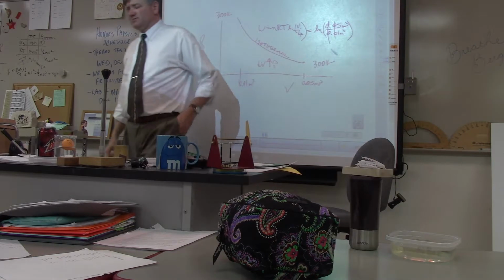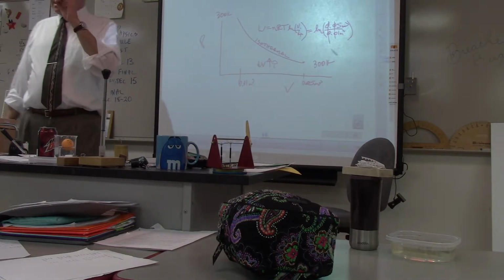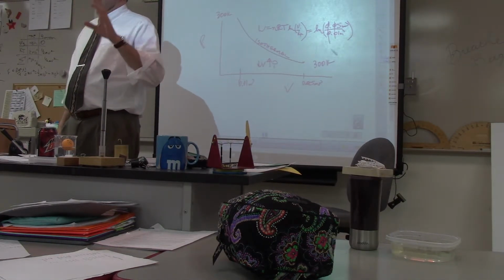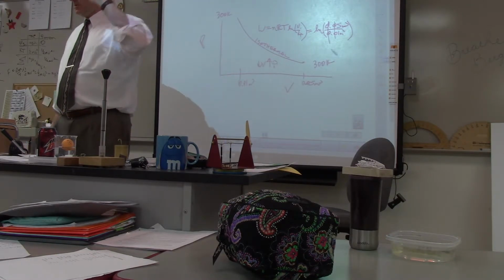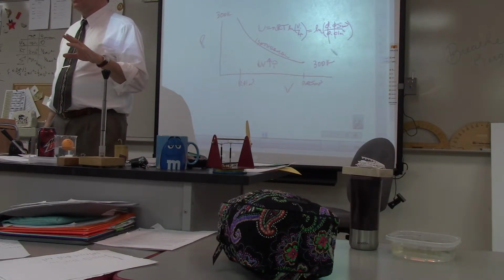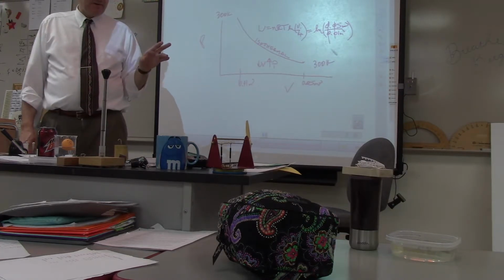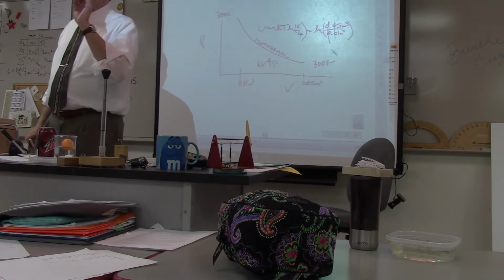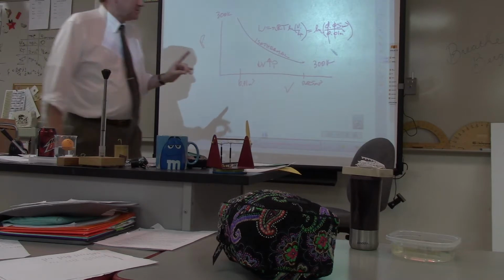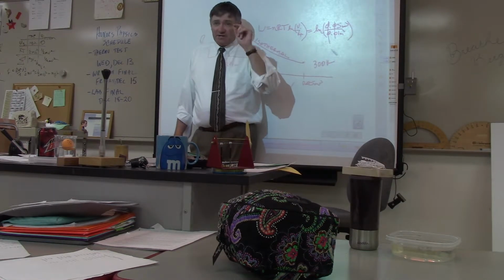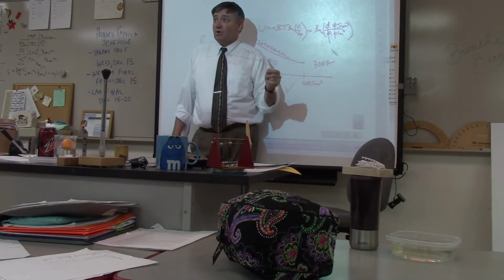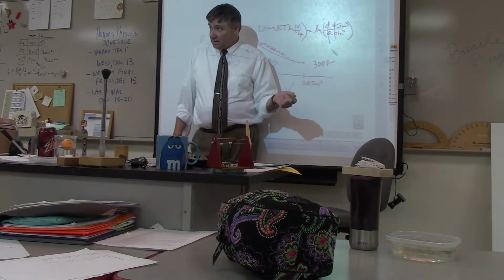So here's what's most important. When I take the natural log of 5, is it going to be a positive number or a negative number? Positive. Anytime you take the natural log of a number bigger than 1, you always get a positive number. If you take the natural log of a value less than 1, you always get a negative number.